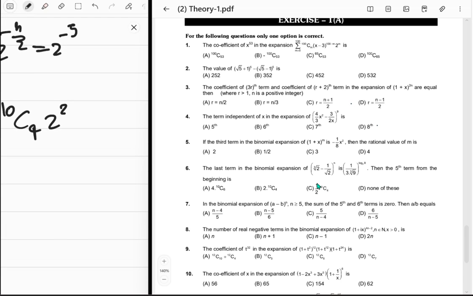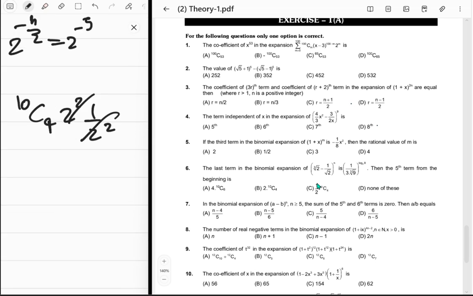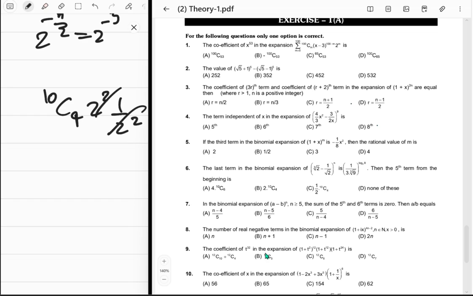And then you've got negative 1 upon square root 2 to the power of 4, so that negative is gone, but it's 1 upon 2 power 2. Cool, that cancels away. It's just going to be 10c4. So there we go. Oh, I think something went wrong. It's going to be 10c4 over here, and from the beginning, of course.